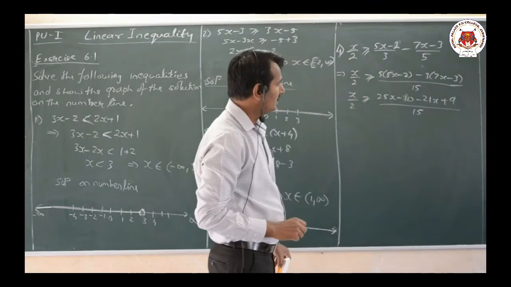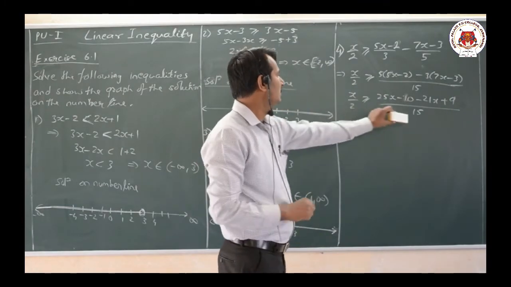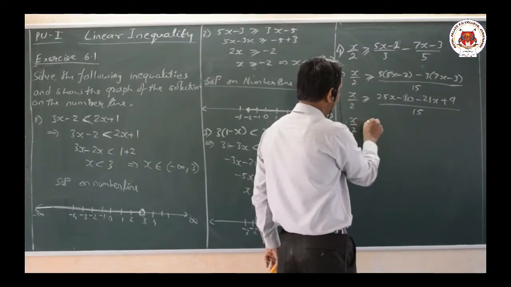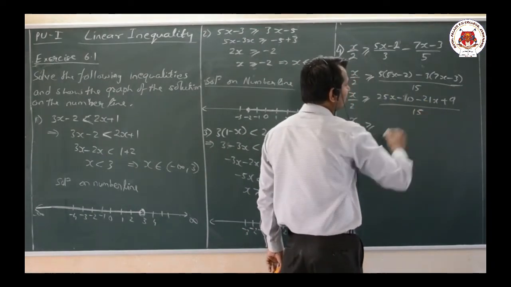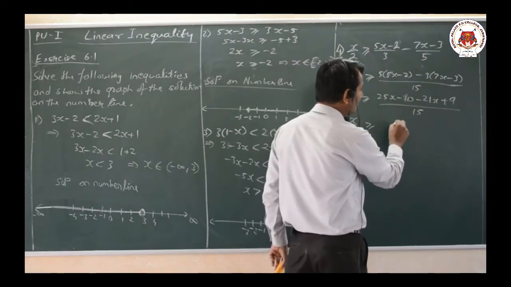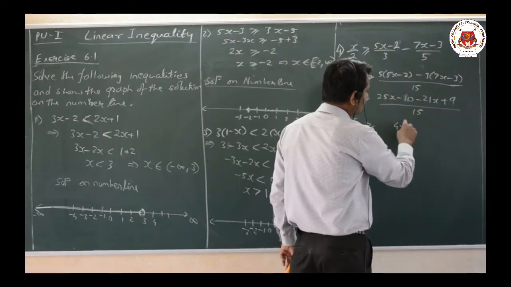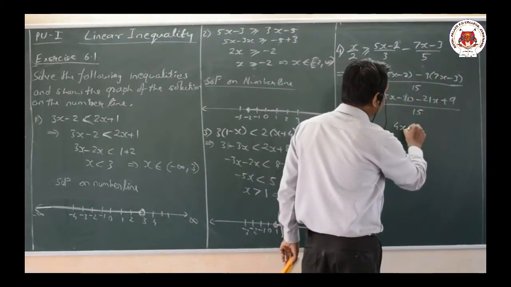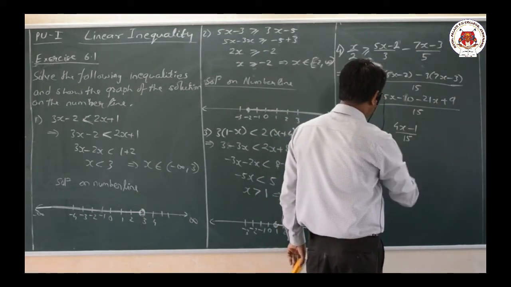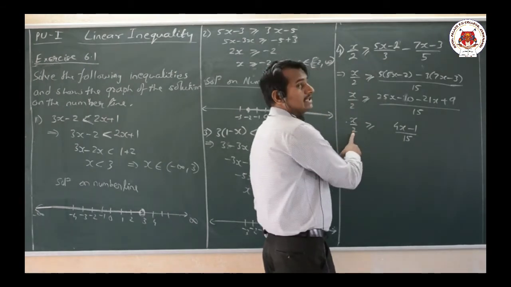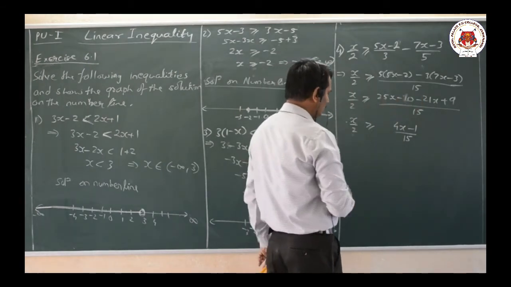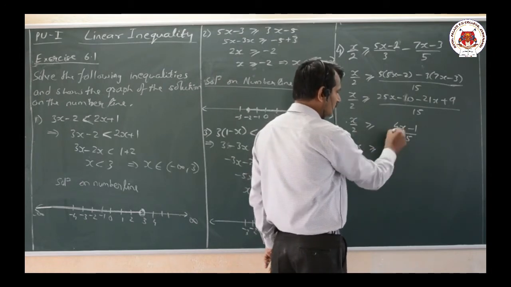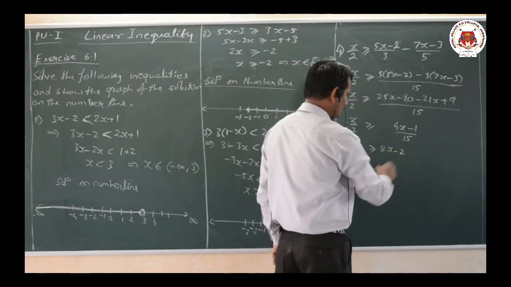Now again I will do the cross multiplication here, 15 into x, or else x by 2 greater than or equal to 25 minus 21x, that is 4x, minus 10 plus 9, the value will be minus 1 divided by 15. Now this divided by 2, I will take it to the RHS. So what we get, with cross multiplication, is 15x greater than or equal to 2 multiplied by 8x minus 2.